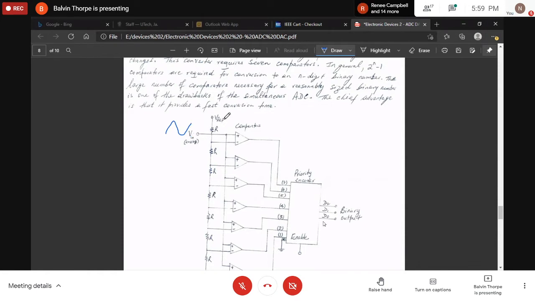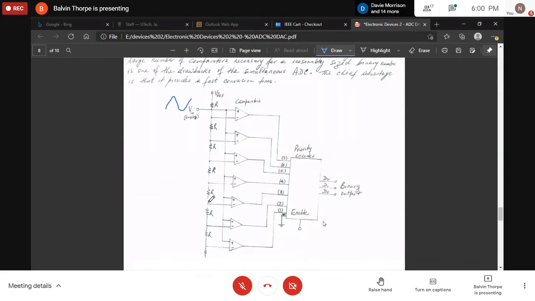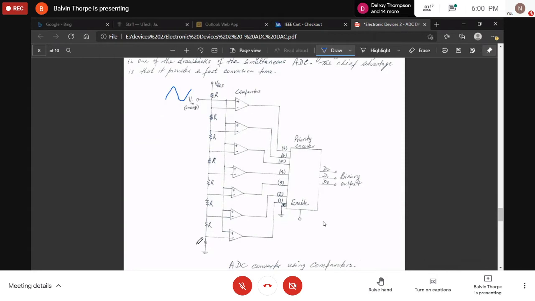The input signal is going to be compared to the reference voltage. Because of the resistor values, the reference voltage gets smaller and smaller as you go down. This is the reference voltage initially, and it is going to be divided, and then divided again, getting smaller and smaller based on the resistor values, right?